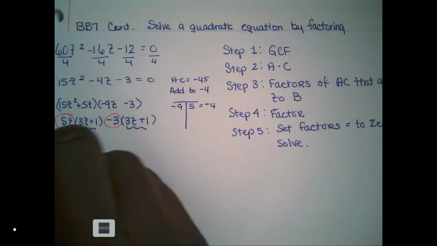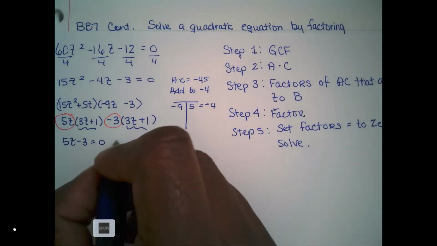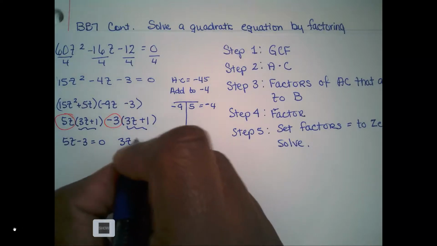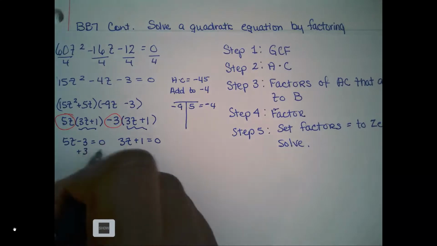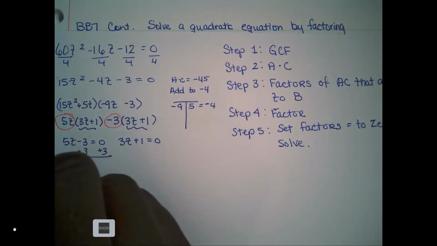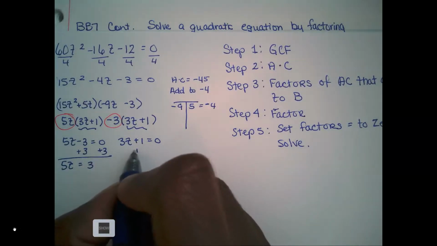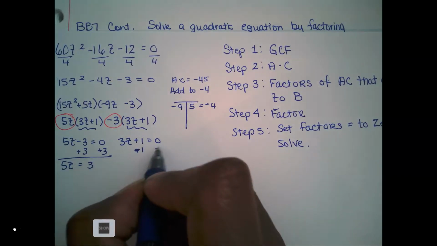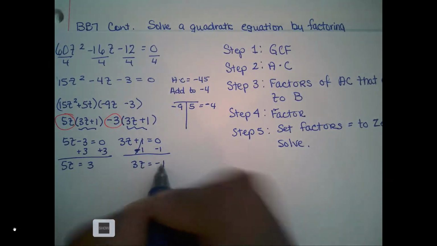So that would be 5t minus 3 equals 0, and then 3t plus 1 equals 0. We'll add 3 to both sides here, and we get 5t is equal to 3. Subtract 1 from both sides here. We get 3t is equal to negative 1.